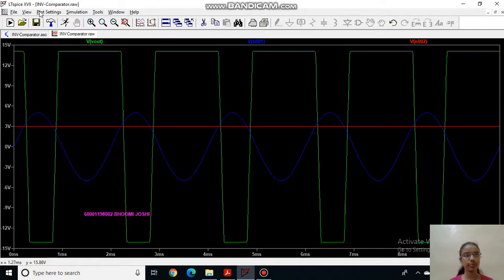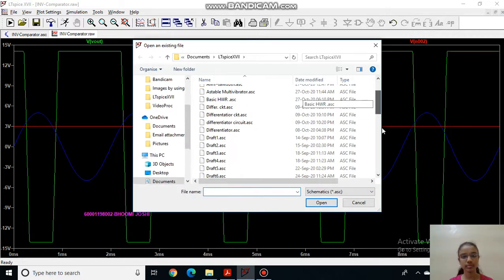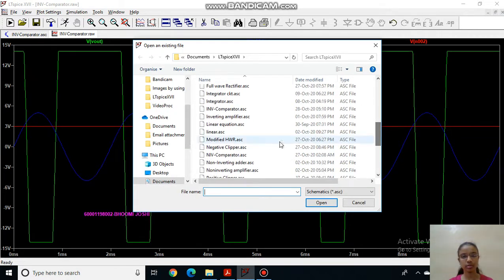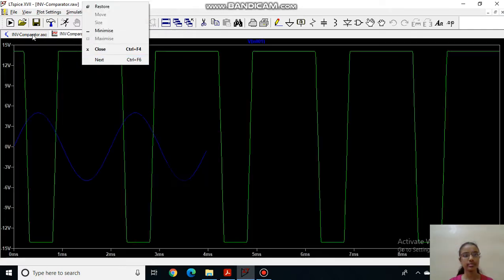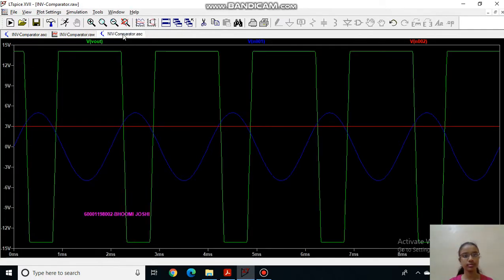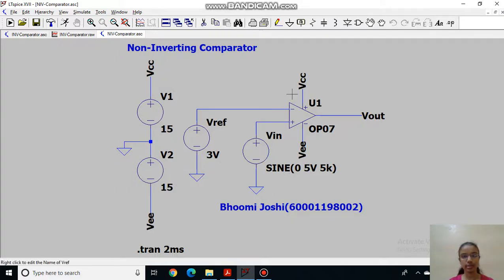So now let us see non-inverting comparator. So here, this is my circuit for non-inverting comparator. So here, input voltage is applied to the non-inverting terminal and reference voltage is applied to the inverting terminal.